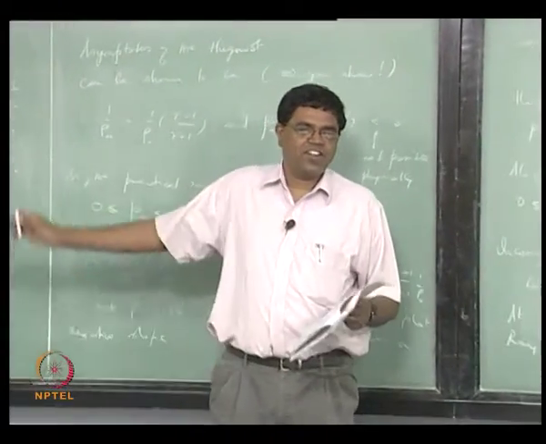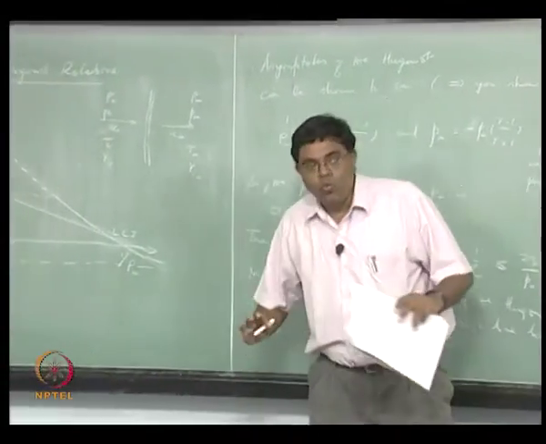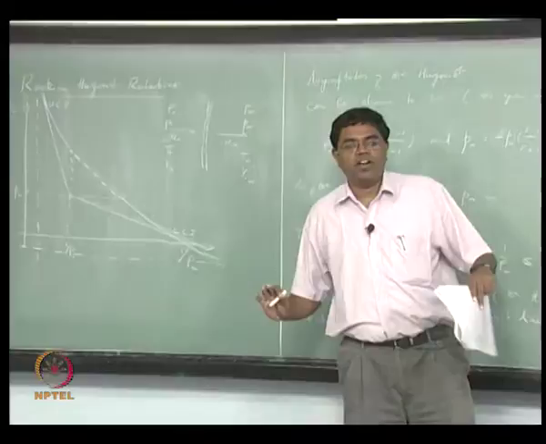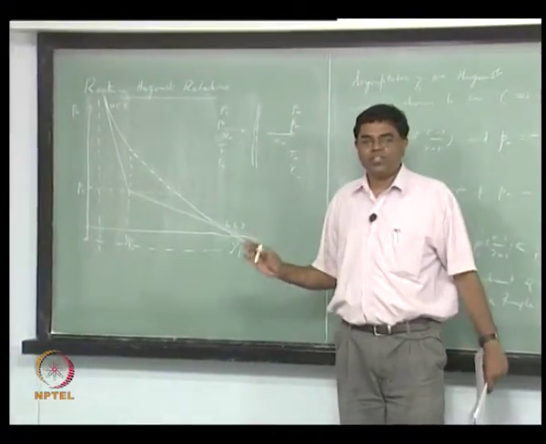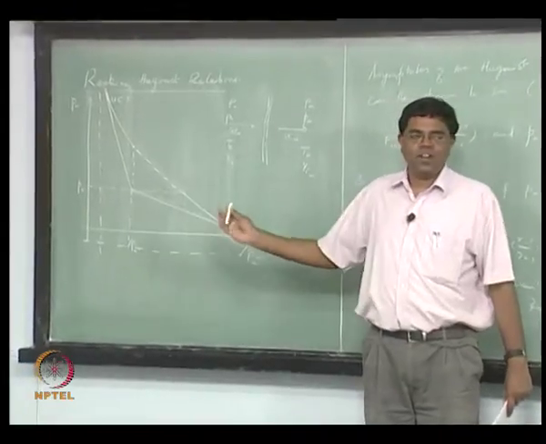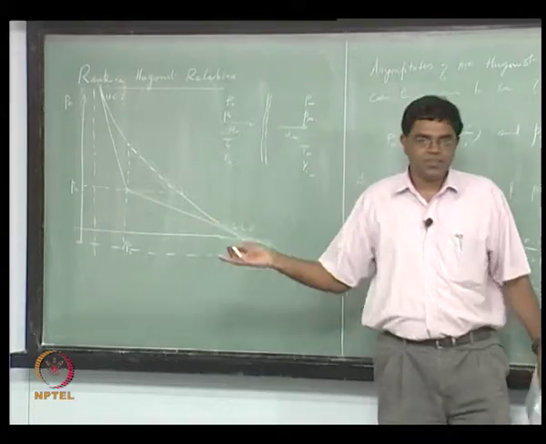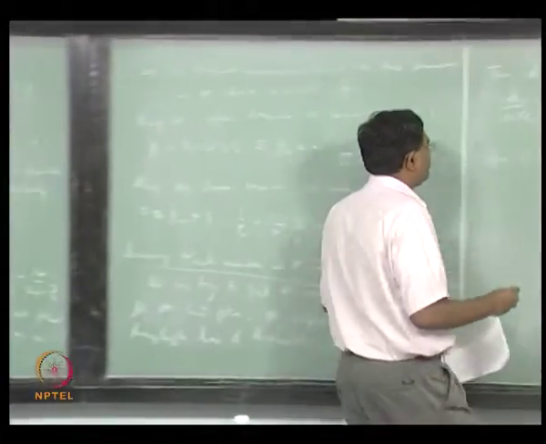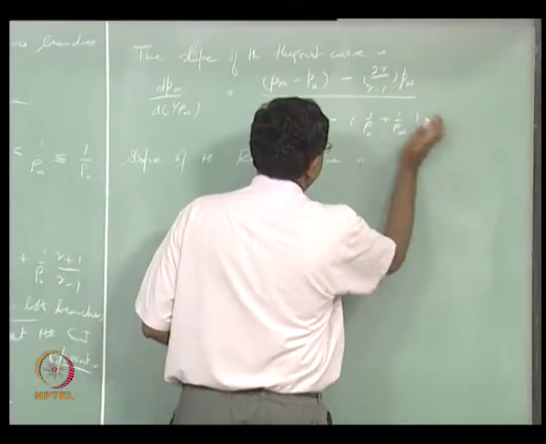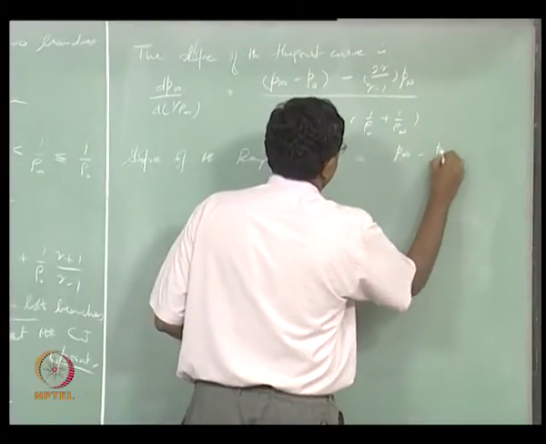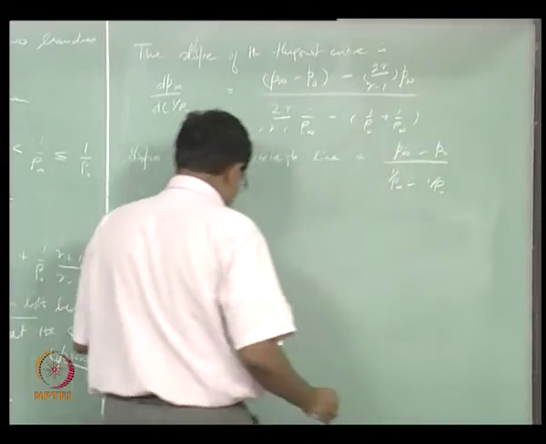The Rayleigh line is a straight line, and so long as we don't want to use the m dot squared expression, because we want to deal with only the thermodynamic properties, for a straight line it is just p infinity minus p naught divided by 1 over rho infinity minus 1 over rho naught, that's it.